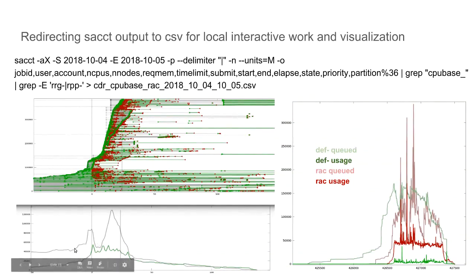But what we can get from this is now we can plot down here the actual resources in demand in the queue. So this gray line represents the cumulative resources in the queue at every time point. And then the green line represents the utilization.